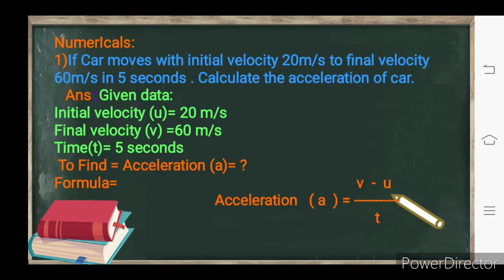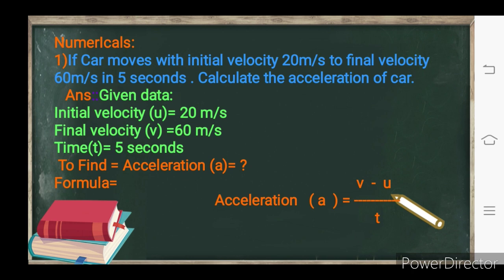Now let's solve a numerical based on acceleration. A car moves with initial velocity 20 meter per second to final velocity 60 meter per second in 5 seconds. Calculate the acceleration of the car.